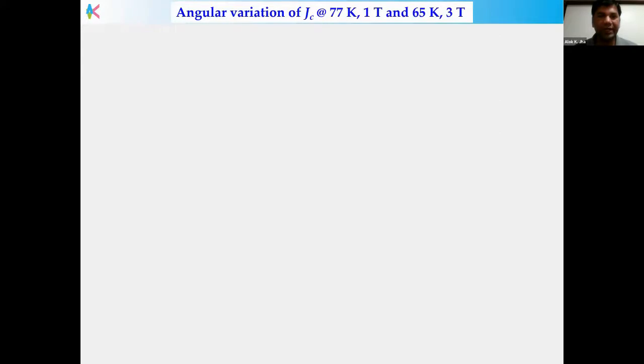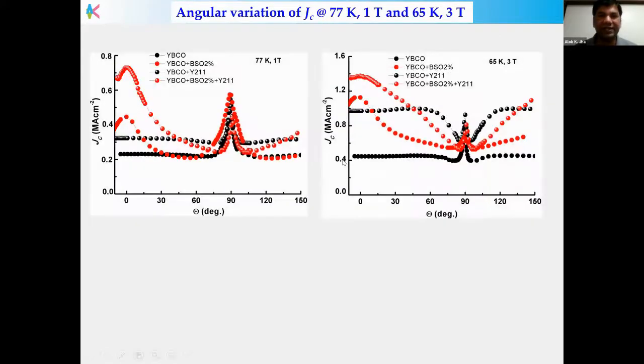How about the angular anisotropy of the critical current density? These results suggest that when we incorporate only nanocolumns, we see a JC peak. But when we incorporate both nanocolumns and nanoparticles, we see enhancement not only along the C-axis, but also in the intermediate field regime.